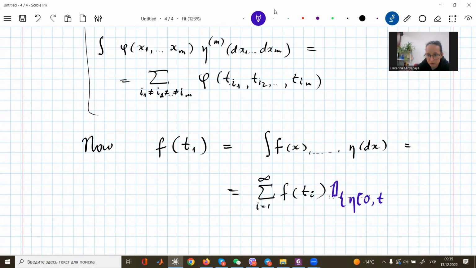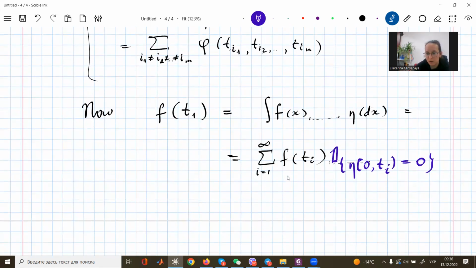the interval 0 to t_i is equal to 0. So for what i do we have this equality?